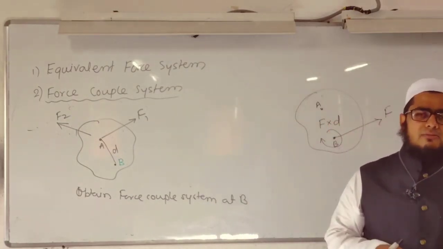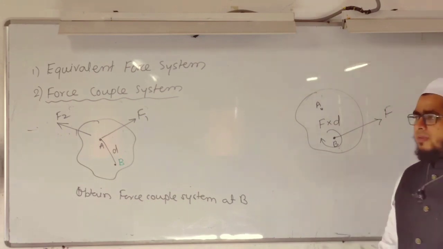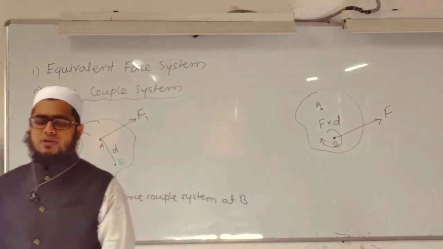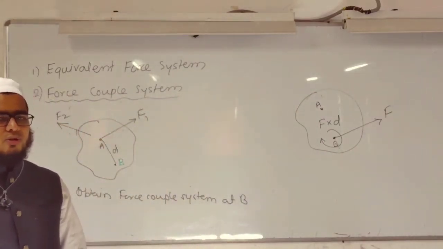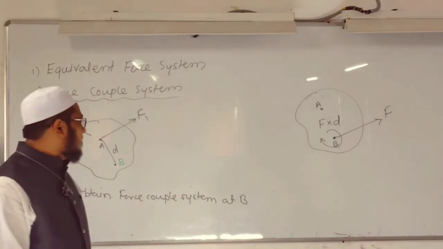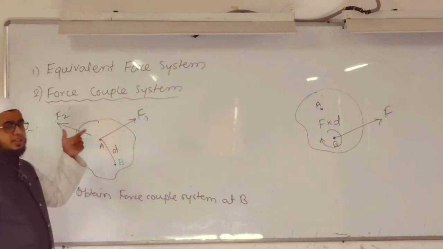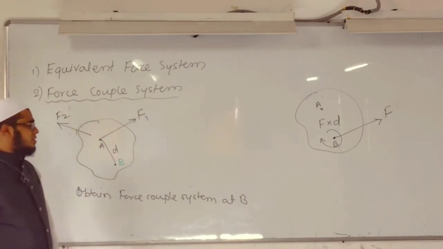I will find the algebraic sum of horizontal and vertical forces, summation Fx and summation Fy, and use them to calculate the resultant R equal to the square root of summation Fx squared plus summation Fy squared. And along with R, I will find alpha equal to tan inverse of the modulus of summation Fy divided by summation Fx.